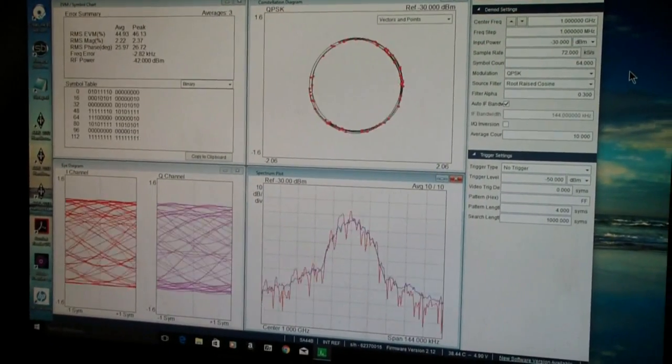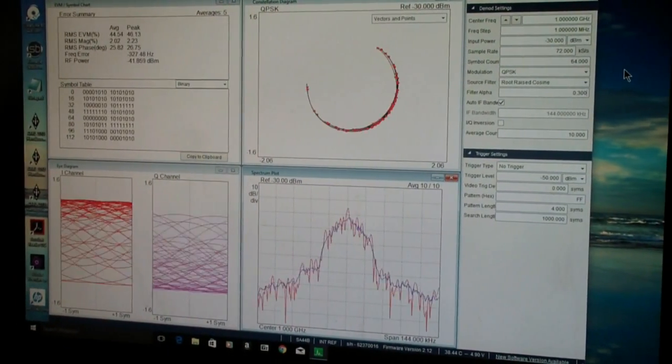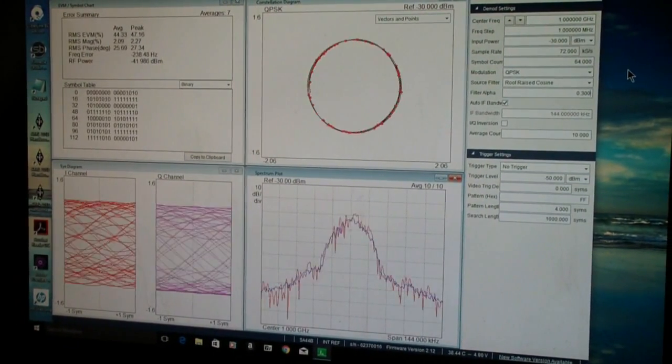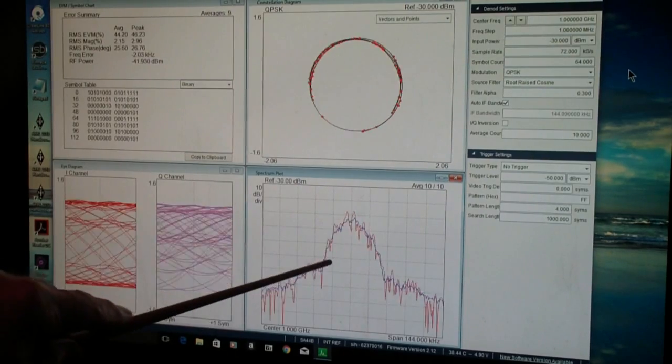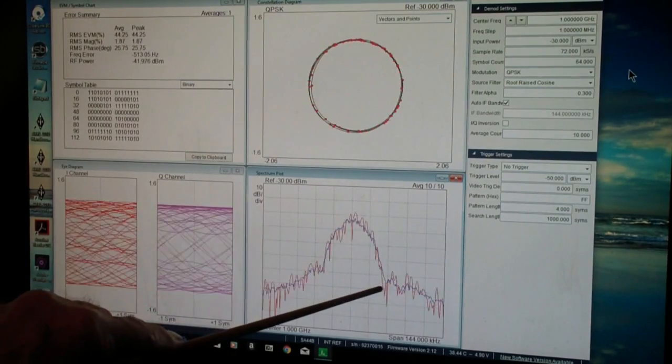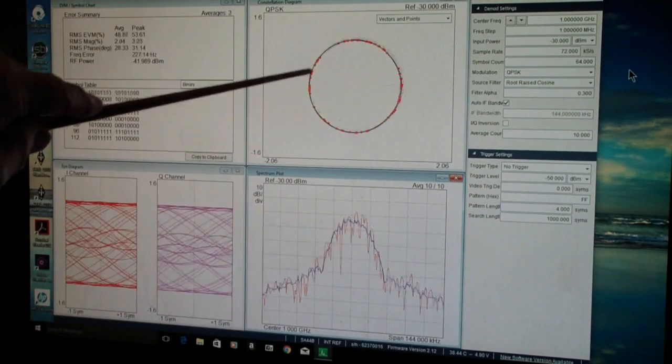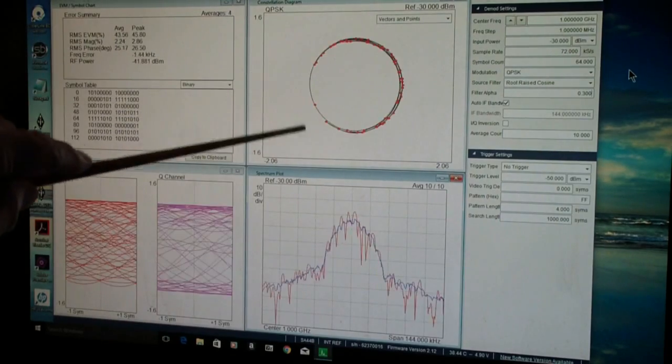You see here, this is the spectrum plot, and this is the constellation diagram.